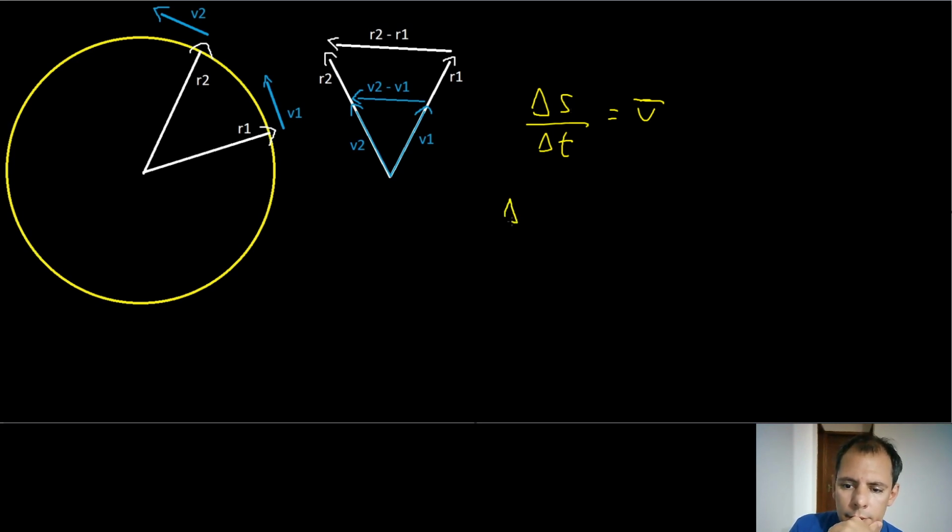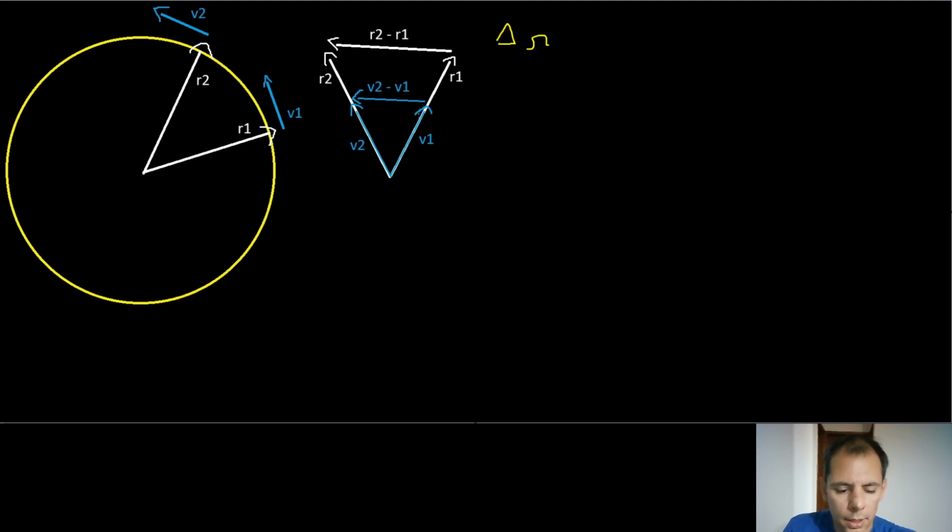And the difference of velocity over time equals the average acceleration. So let me get this here. What do we have here? You see, R2 minus R1 is going to be delta R.